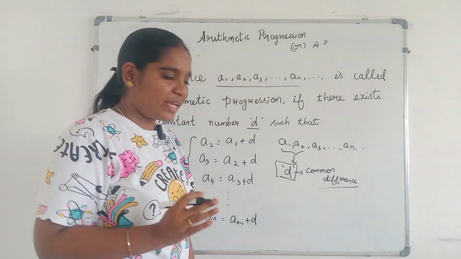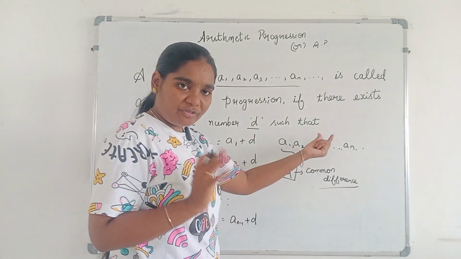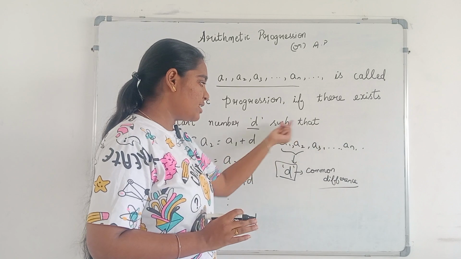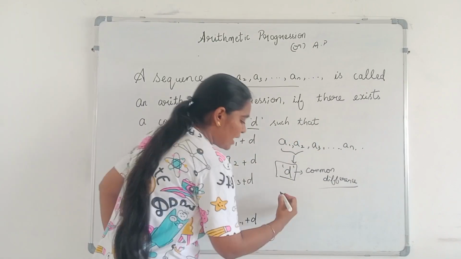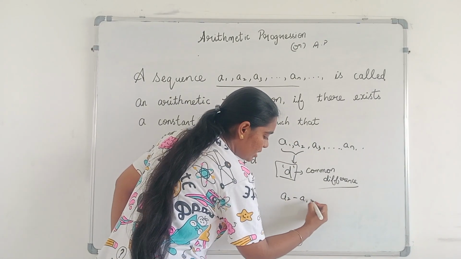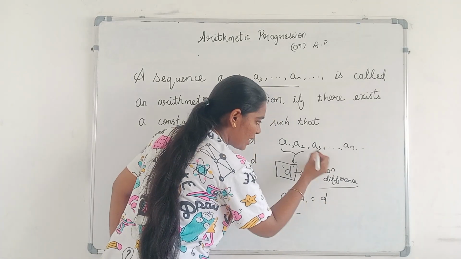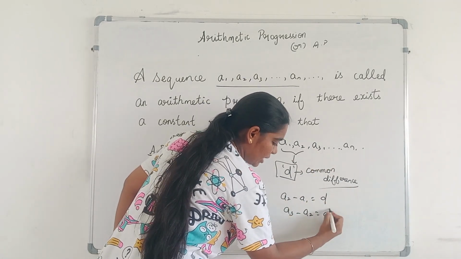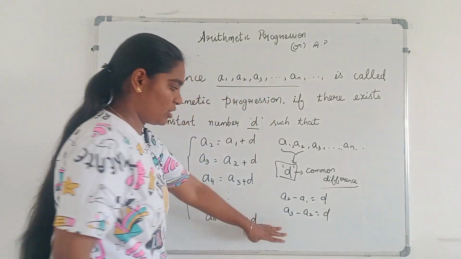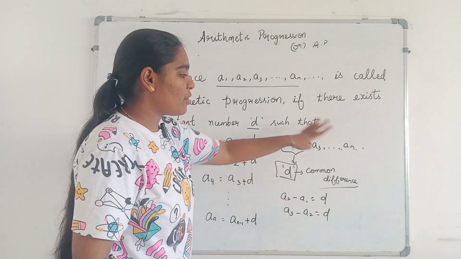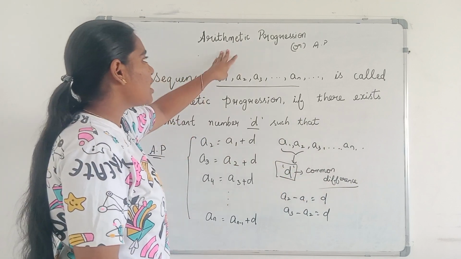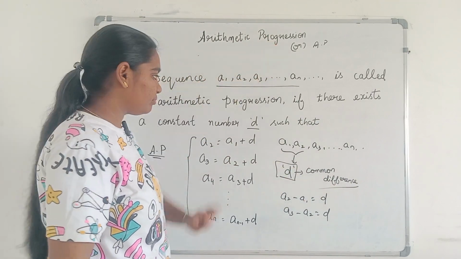There will be a constant difference between a term and its preceding term. So A2 minus A1 will give you d. In a similar way, A3 minus A2 will give you d, and so on. These types of sequences form the arithmetic progression.